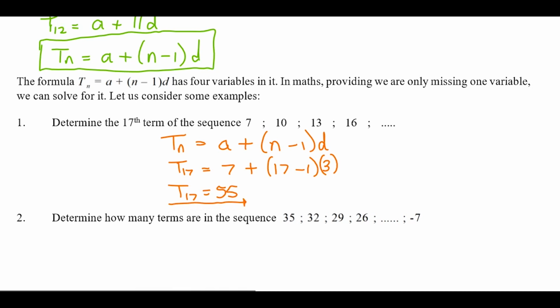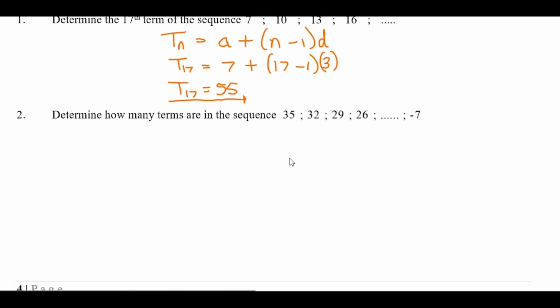Okay, this next question says, how many terms are in this sequence? So this is a certain term number. What we want to know is which term number. We know what A is, we know what D is. So in this formula, Tn equals A plus n minus 1 lots of D, we know this, we know this, and we know this.